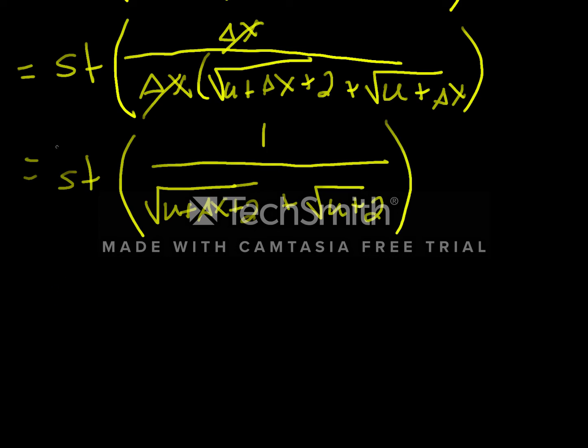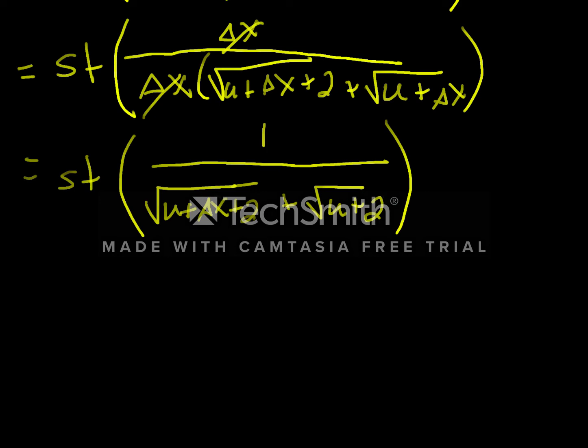And now we can apply the standard part. The standard part of the numerator is 1. And as a standard part, remember, it'll move through the radical and across addition, and u is a real number. Delta x is an infinitesimal, so it'll go to 0. 2 is a real number.